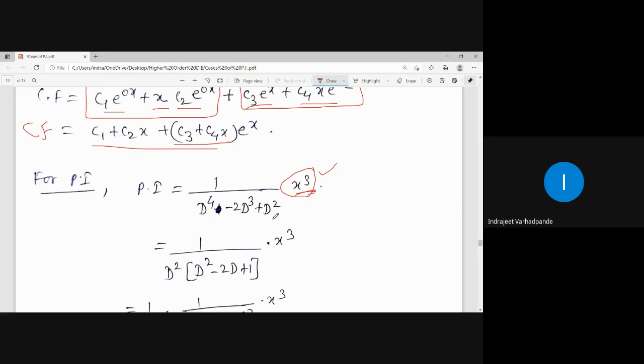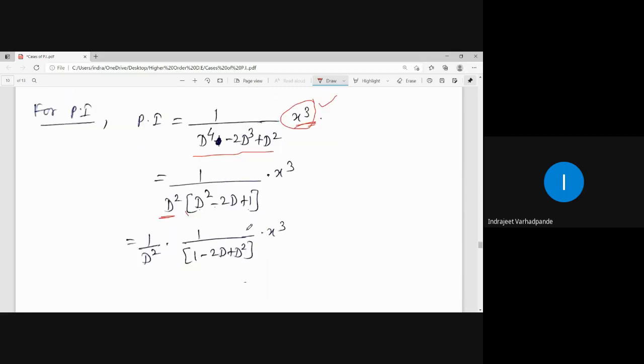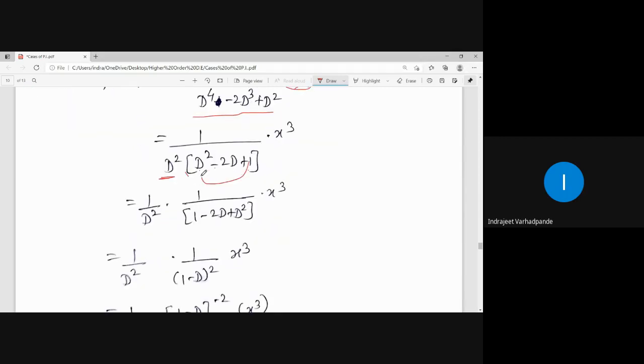From all three terms, what can be taken common again? D square. What remains in the bracket? D^2 - 2D + 1. Since 1 is there, I need not do much exercise now, because already it can be expressed as 1 plus phi of D. So I interchange the position of 1 and D square: 1 - 2D + D^2.